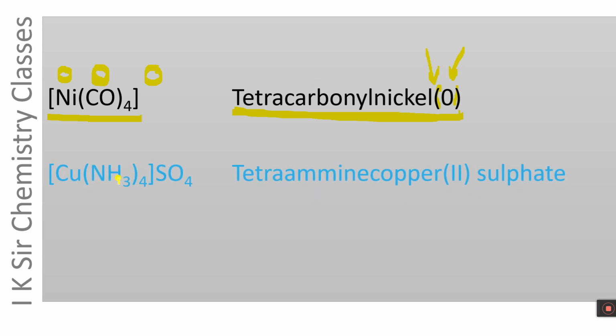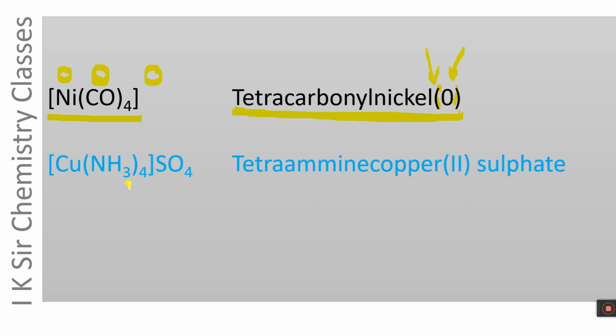Another example, [Cu(NH3)4]SO4. There is no charge on the NH3 molecule. Sulfate ion contains 2 minus charge. It means the oxidation state of copper is +2 and its name is tetraamminecopper(II) sulfate.